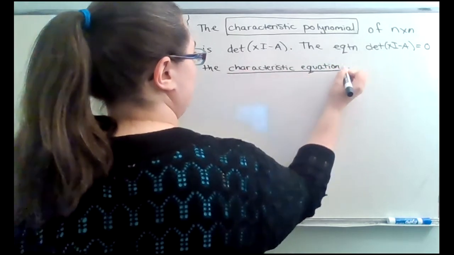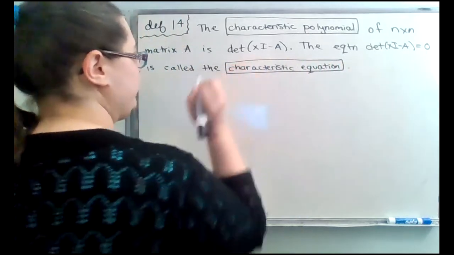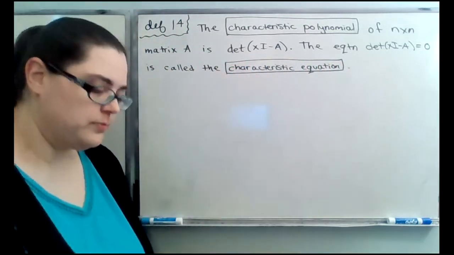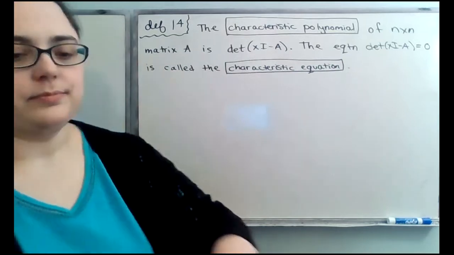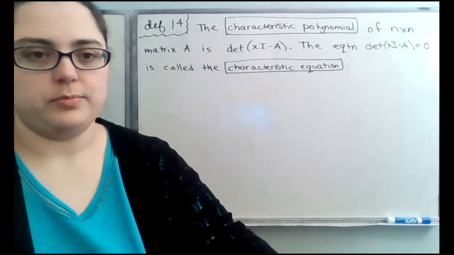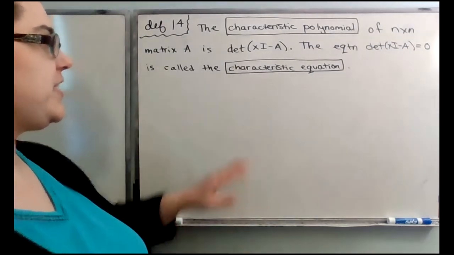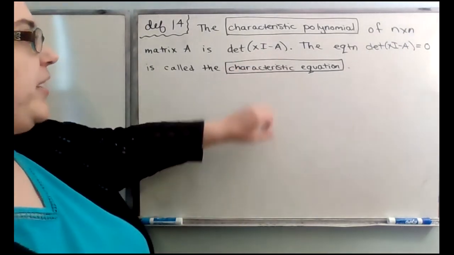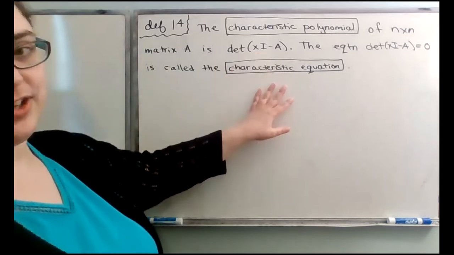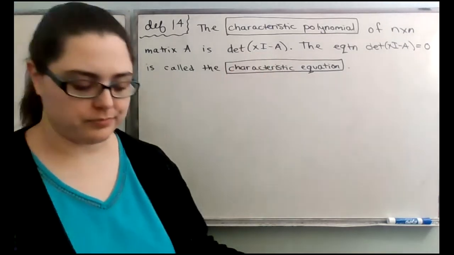Another big long phrase to be defined. So the characteristic polynomial is the determinant of xI minus A. And if you set that equal to 0, that's the characteristic equation.